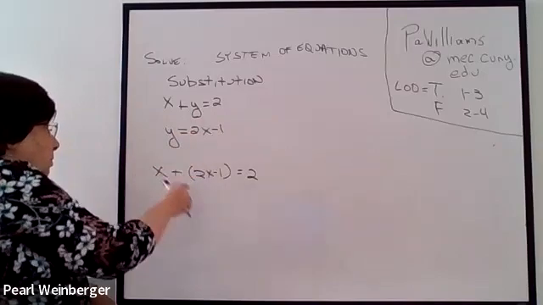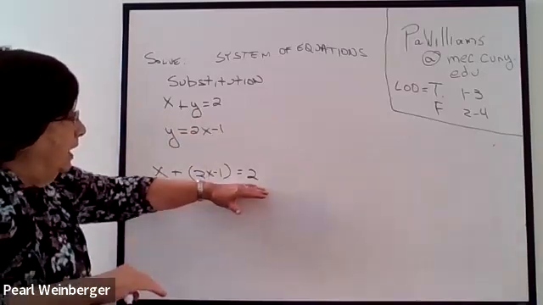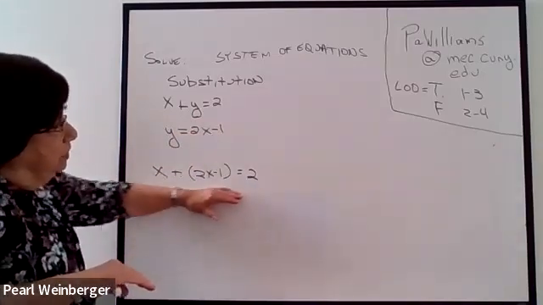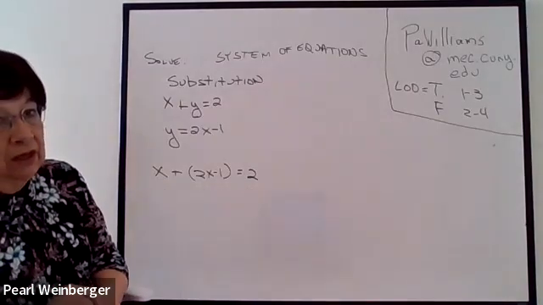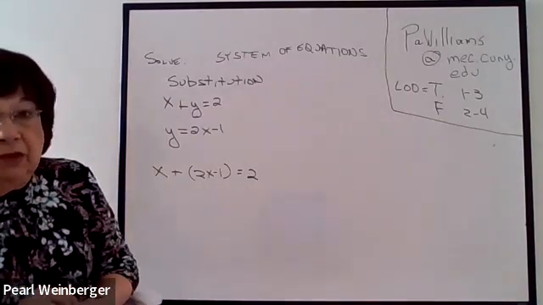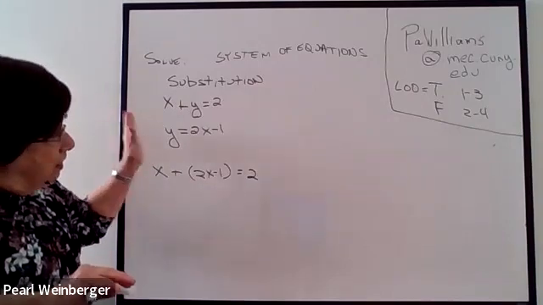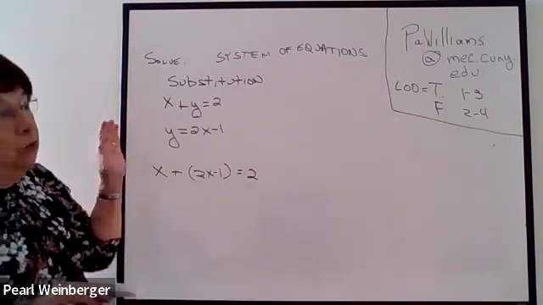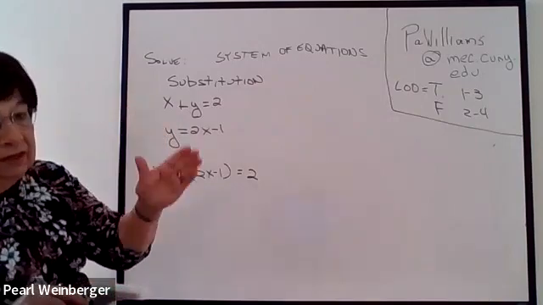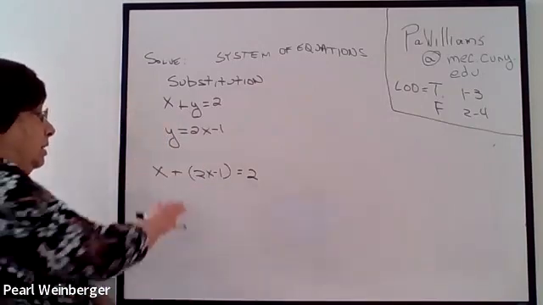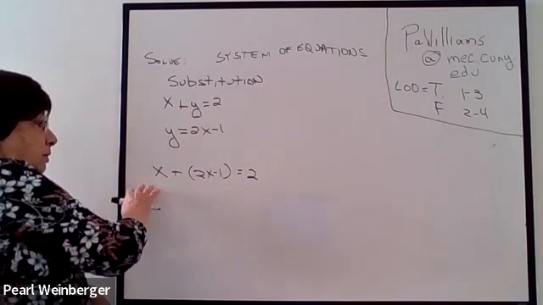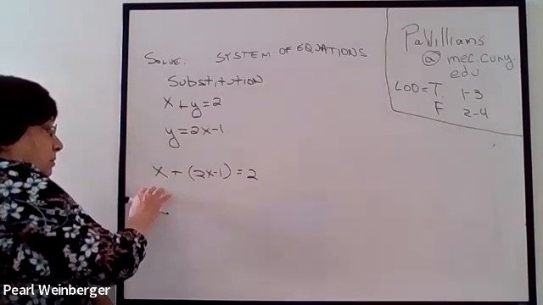I end up with an equation that doesn't have any y's in it. When do I use this method? Basically, when one of the equations states y equals, or one of the equations starts x equals. Now I can solve this equation because I only have x's.